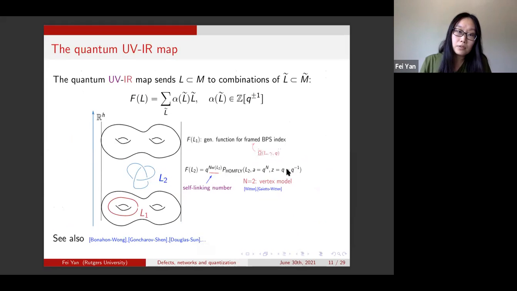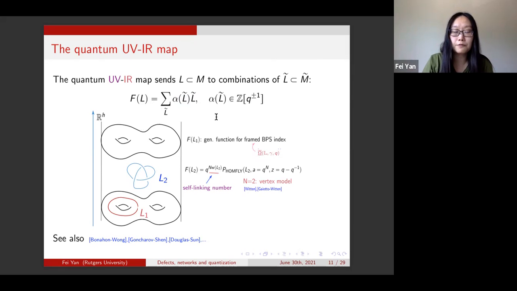Concretely, this quantum UV-IR map will map links L in the three-manifold M to combinations of links L tilde in the covering three-manifold M tilde. So essentially, you write F of L as a sum over these L tilde, which are links in the covering three-manifold M tilde, with some Laurent polynomial coefficients, alpha of L tilde.